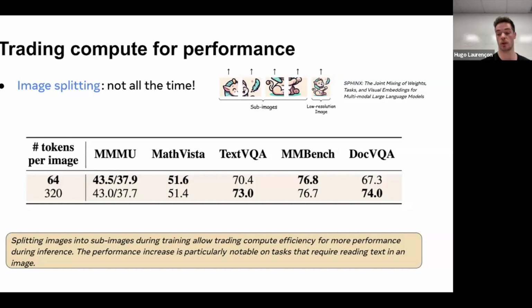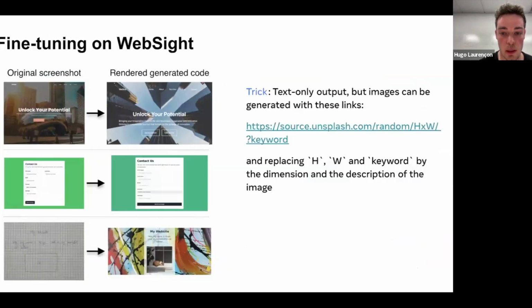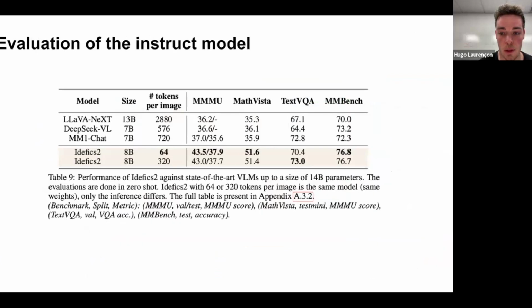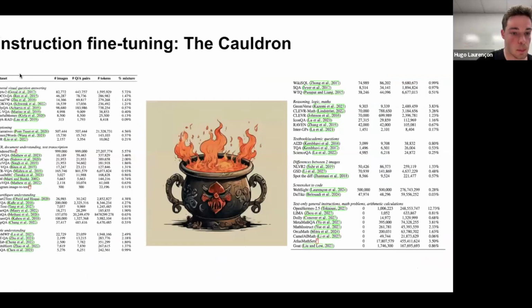And second, Idefics2 wasn't trained on large-scale synthetic datasets like Docmatix and so on. We didn't have that many document understanding datasets. It was mostly, for example, rendered text, which was just text transcription.